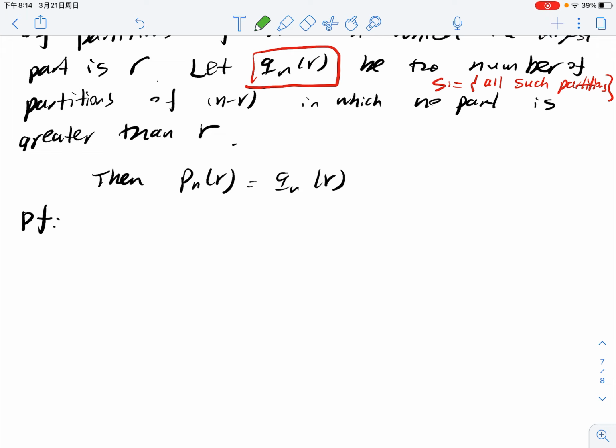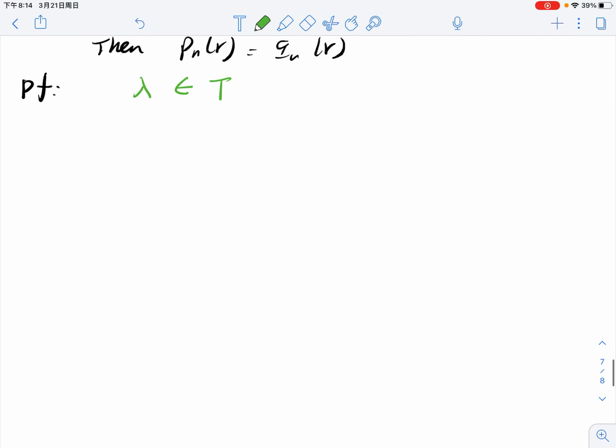Now what we are going to do is construct a correspondence between the partitions in the first set and the partitions in the second set.